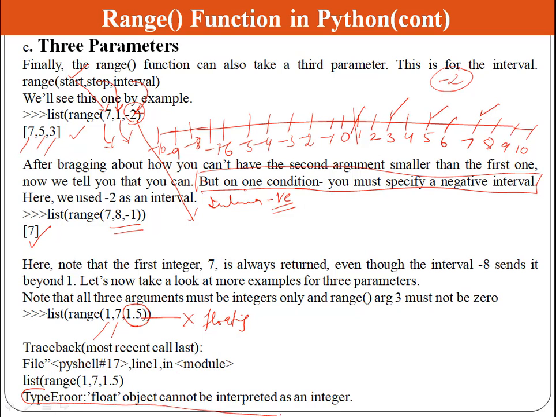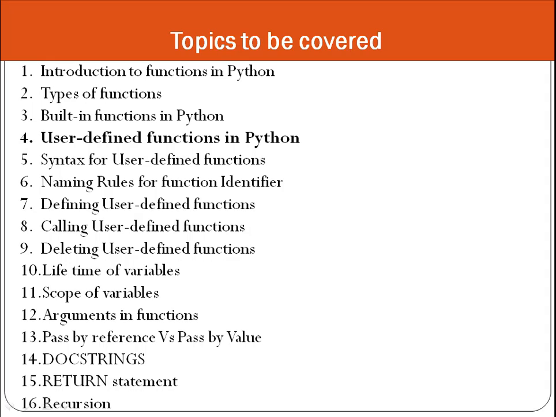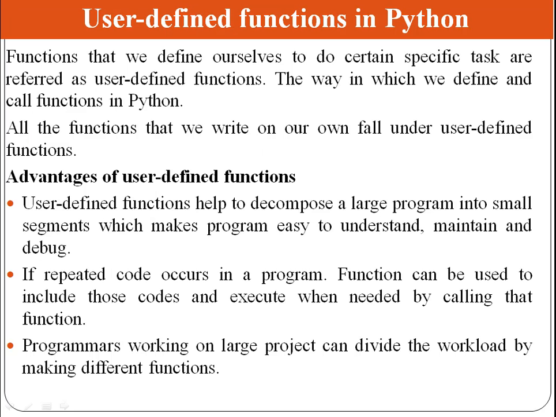Next, we are moving towards user-defined functions in Python. We have already seen built-in functions and we have seen range in a detailed way. Functions that we define ourselves, defined by the user to do certain specific tasks, are referred to as user-defined functions. The way in which we define and call the functions in Python is our own choice.